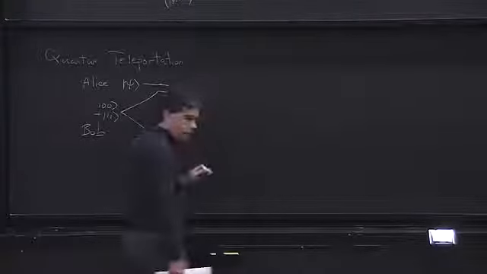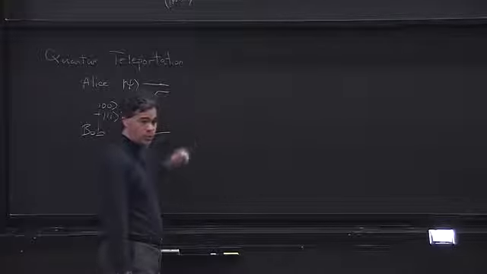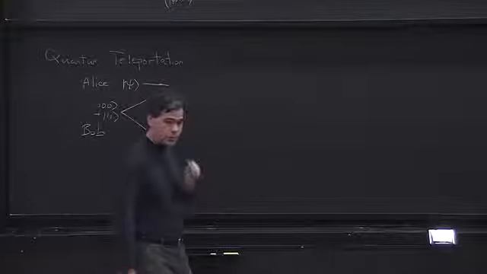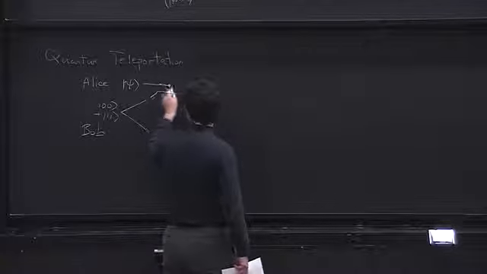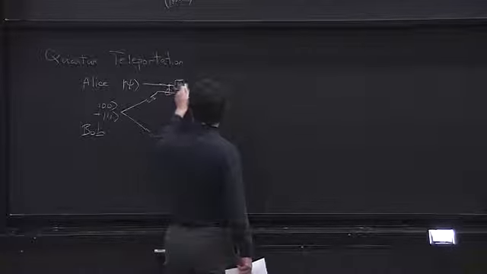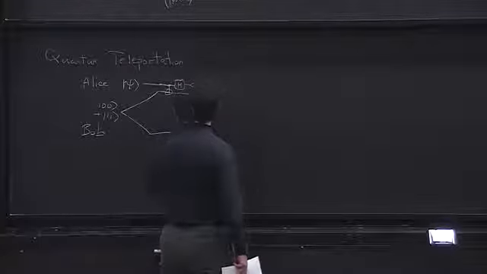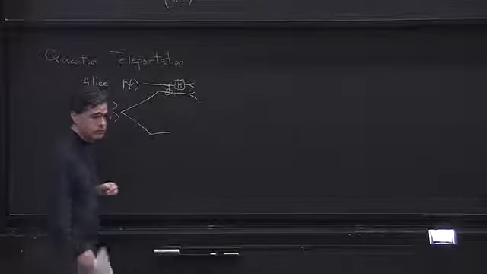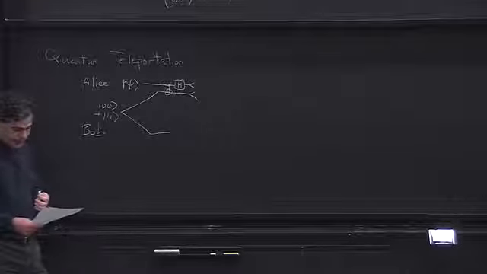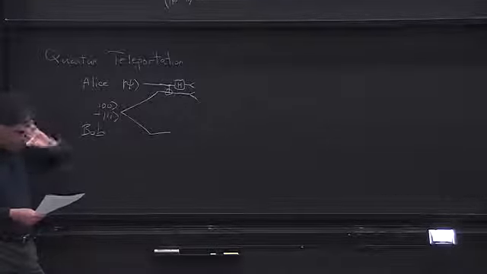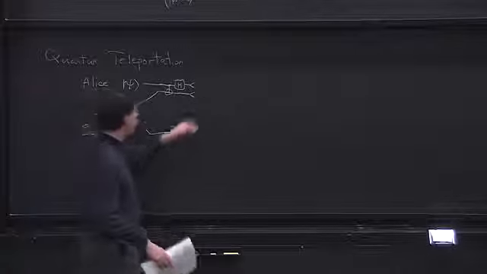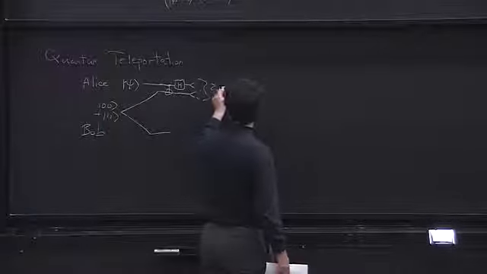And so the way that works is Alice has two qubits, and so she's going to make a Bell measurement on them. So a Bell measurement we can implement in the following way. We do a CNOT and then a Hadamard, and then we measure these two qubits. Okay? And so Alice gets two classical bits out of these measurements.